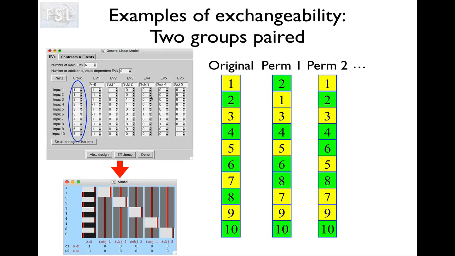So again, remember, we can only swap within subjects. The original is 1, 2, 1, 2, 1, 2, 3, 4, 5, 6, 7 of the scans here. In the first permutation, we just swap positions in the first subject. We retain the positions in the second subject and the third subject. We swap positions in the fourth subject and retain positions in the fifth subject. And then we can go on like this, but only swapping within subject.